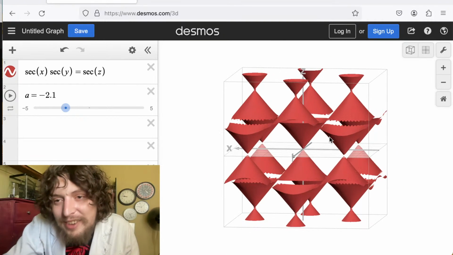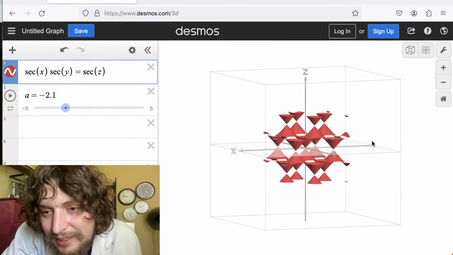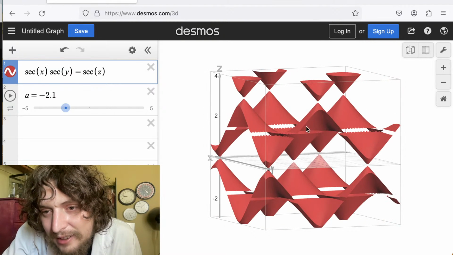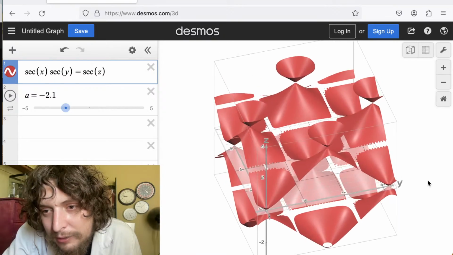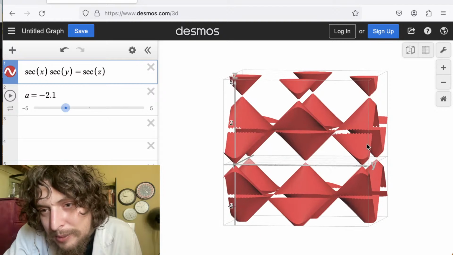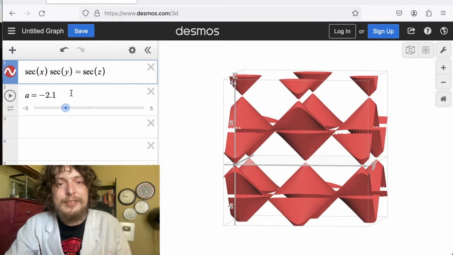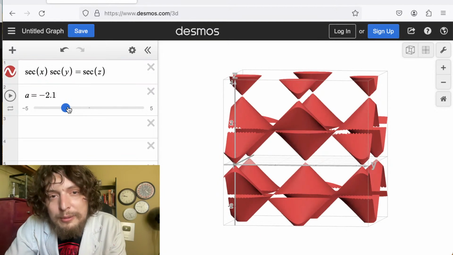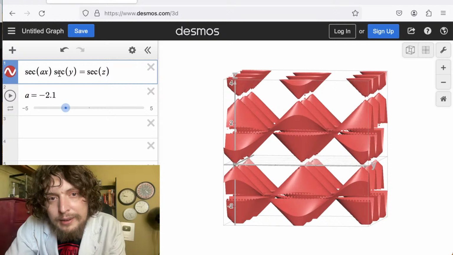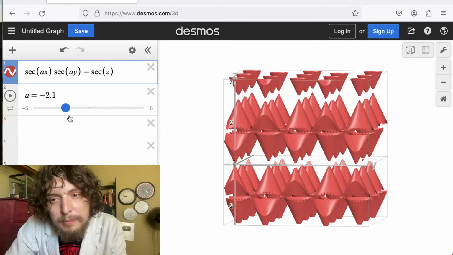So if we zoom out a little bit, we can see these weird cone-like things meeting and merging and flipping upside down, forming little cups and not quite spikes, but that's interesting. What happens when we put an a in the mix? So let's start by just putting a in these ones.